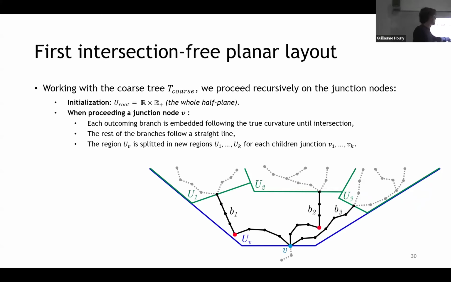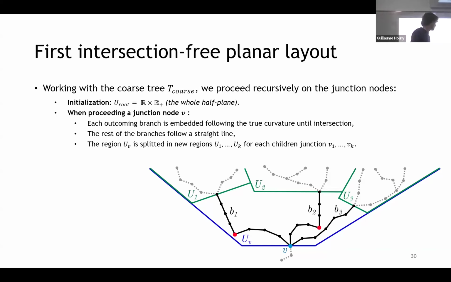Starting from a bounding box that corresponds to the whole half plane, we process each junction node of the coarse tree as follows. We embed the few branches directly emanating from the current junction node using, let's say, brute force techniques that can work well when the number of branches is moderate, and for which scalability is not a problem.